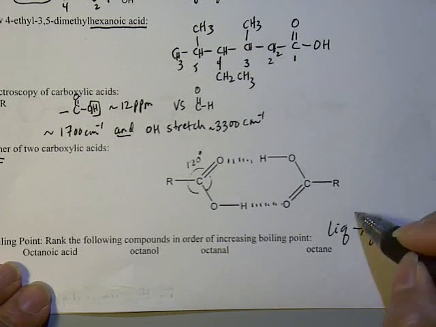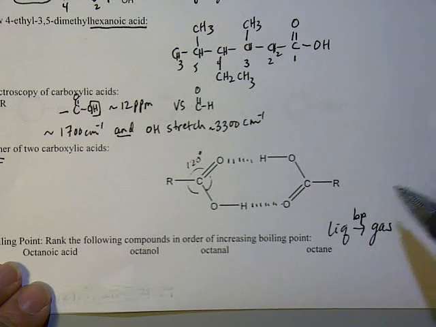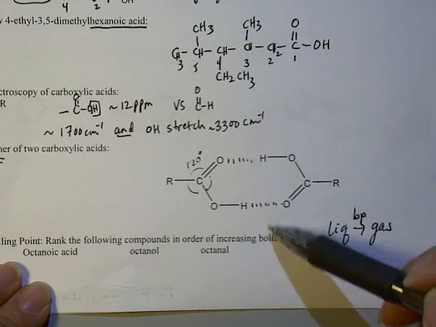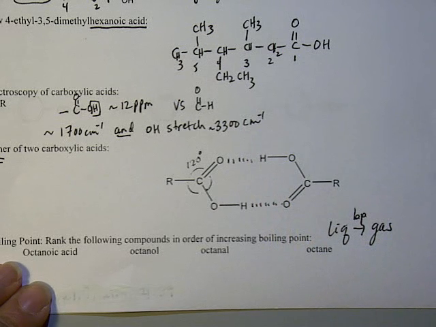So in order to do that, you have to break apart all the intermolecular interactions that the liquid molecules have, and when they become separate, then it becomes a gaseous state.